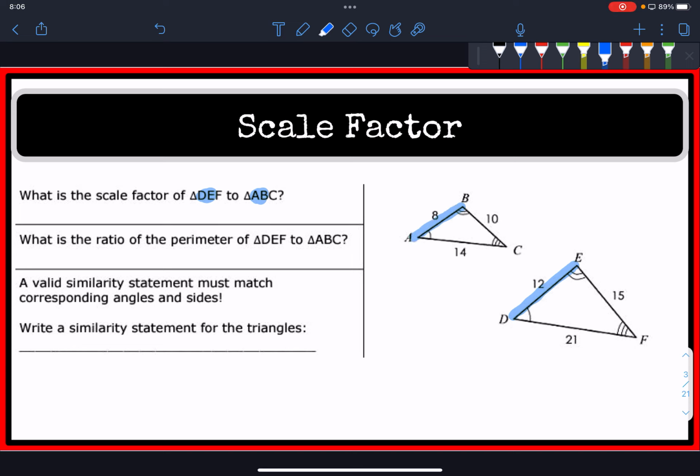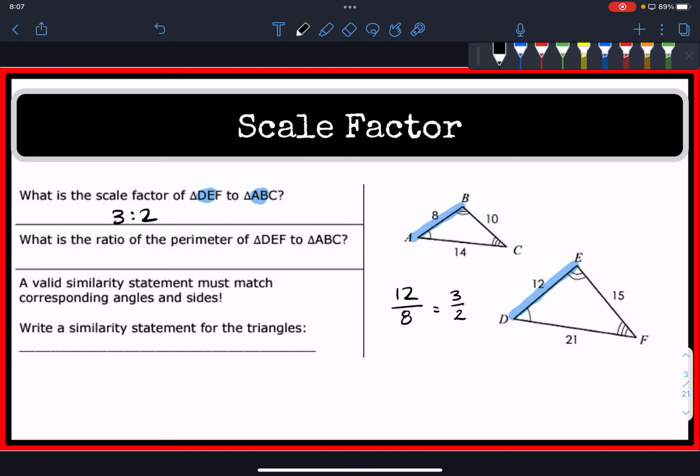So to figure out the scale factor from this value of DE to AB, we're simply going to divide 12 over 8, the side length of DE to the side length of AB, which reduces, if we divide by 4, to 3 over 2. So the ratio is going to be 3 to 2 from the triangle DEF to the triangle ABC.